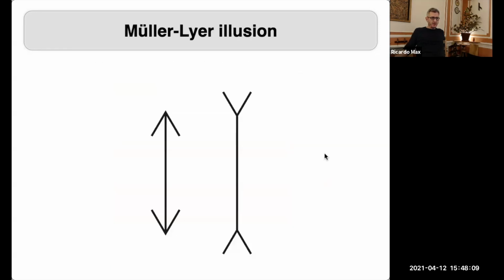The Müller-Lyer illusion. From these two lines, which one feels larger to you? Well, you don't have to answer this one. It's a known illusion, and they are the same size, but the illusion is very strong. Why does it happen?